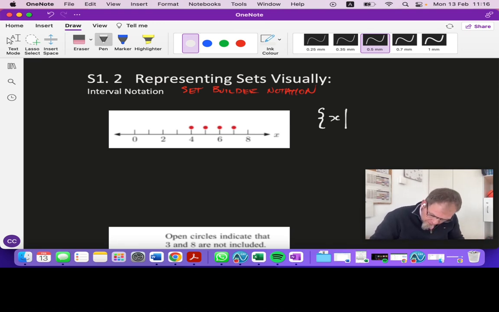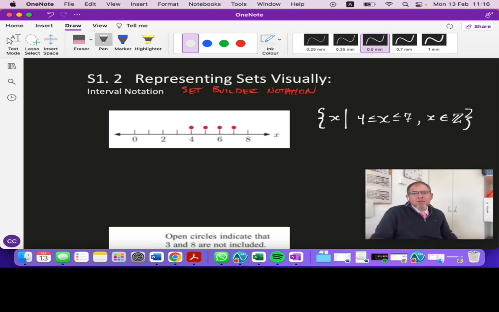Well, the smallest value we have is 4, so x is greater than or equal to 4, but less than or equal to 7, and x is an element of the integers, we could call it the natural numbers, both would be correct. And then close brace like that.